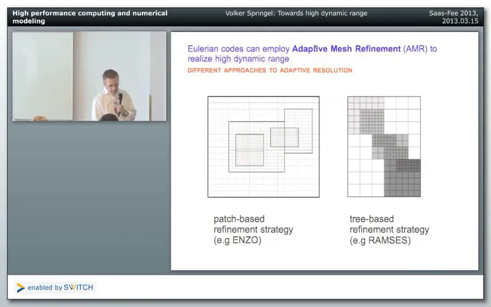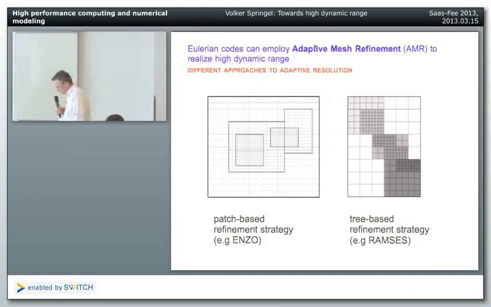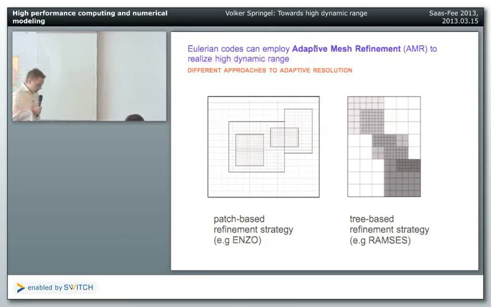Now, then there is, in Eulerian codes, the modern technique of adaptive mesh refinement. And that is something very powerful. It can be used to selectively increase the resolution in certain regions of space.